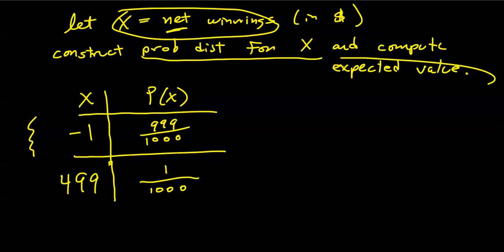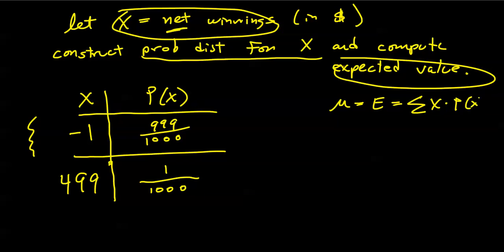Now I want to compute the expected value. Remember, the mean is the expected value. Again, the author's convention is to talk about expected value when he's talking about games of chance. So all I need is to multiply each possible x value by its associated probability.